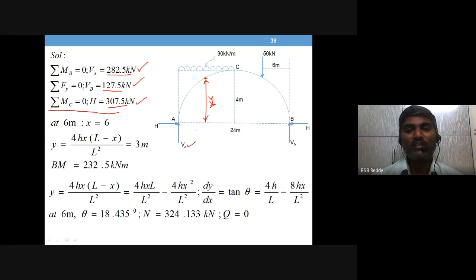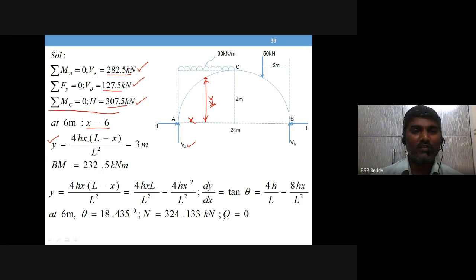The parabolic geometry is in Cartesian coordinates. So let's see how you find y value at a certain x value. The point you selected is at a distance of 6 meters. X is 6. So you know the geometric property of parabola. Use that.